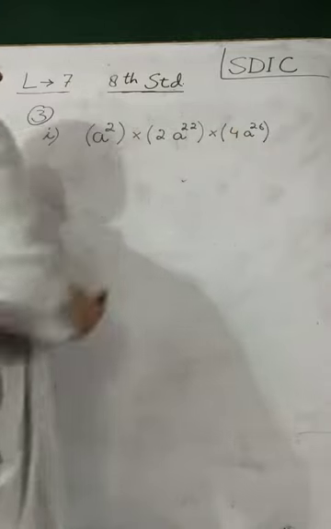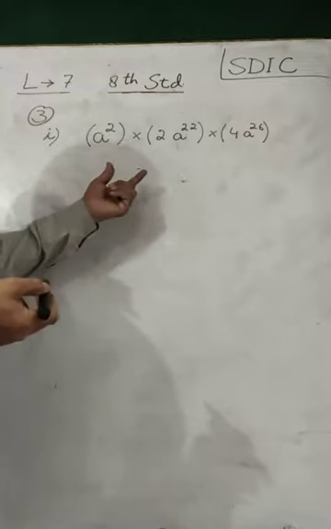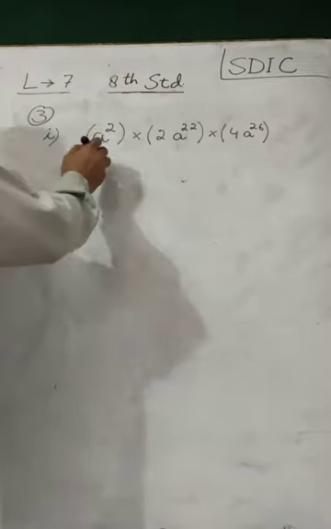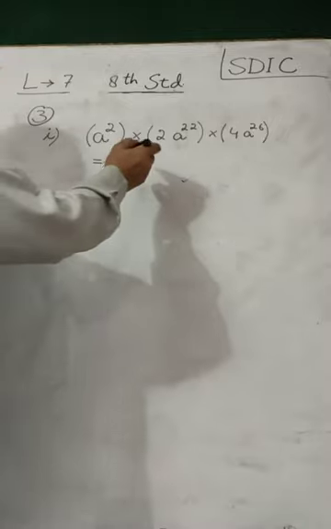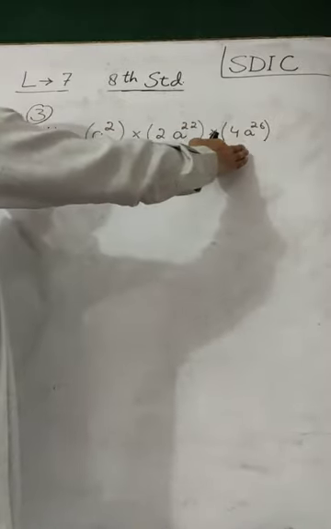These 3 monomials we have to multiply. Now for multiplying, the procedure is already explained to you. Out of the 3, we'll first multiply the first 2. We'll keep the third one as it is.